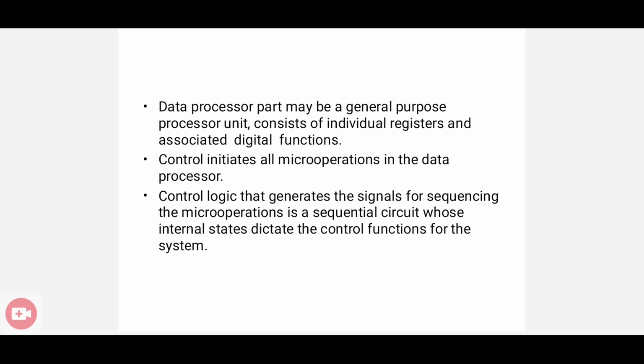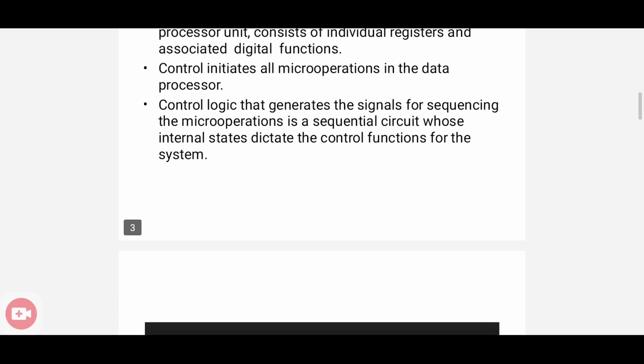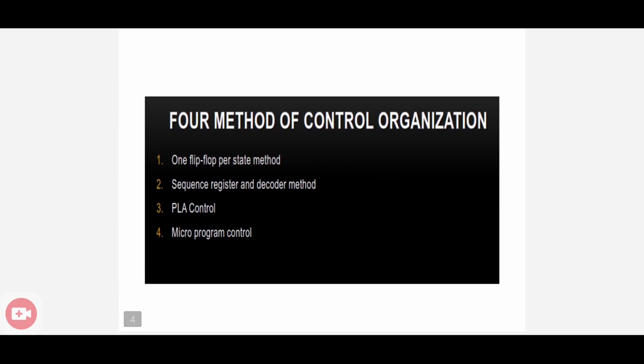So this is the introduction, on how the control unit is associated with the processing unit. Next we can move on to control organization, or how the control unit is implemented and organized.